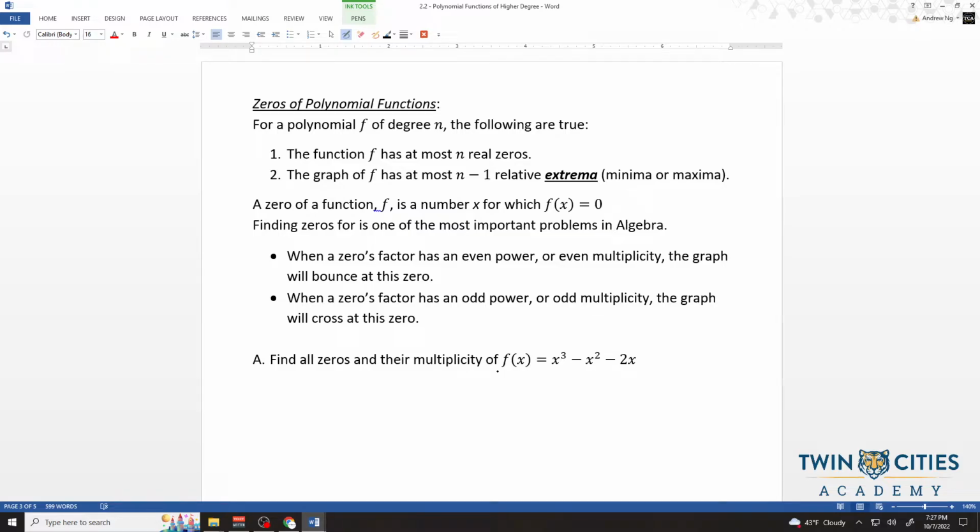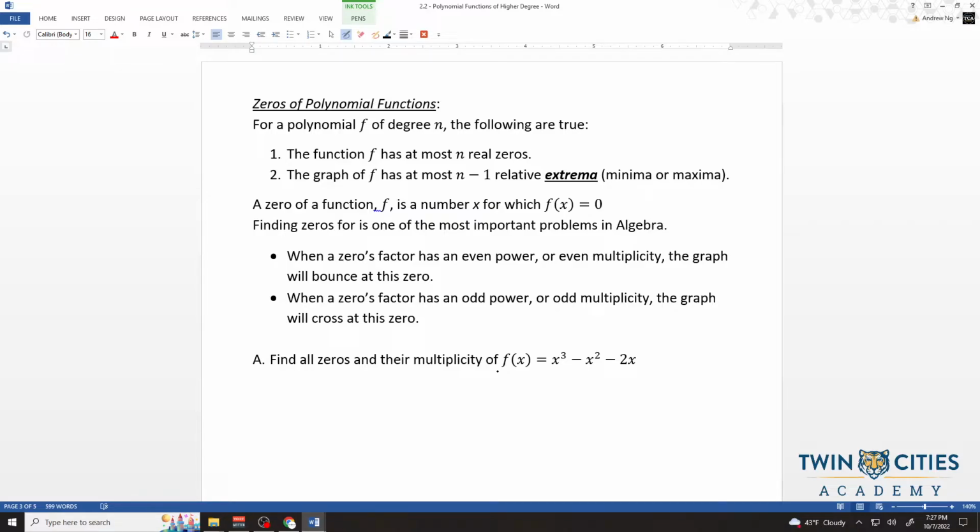The graph of f has at most n minus 1 relative extrema. So these might be minima or maxima, minimums and maximum points. What that is saying is if this is x to the eighth, then I might have 7 of these extrema at most, but I could have less.